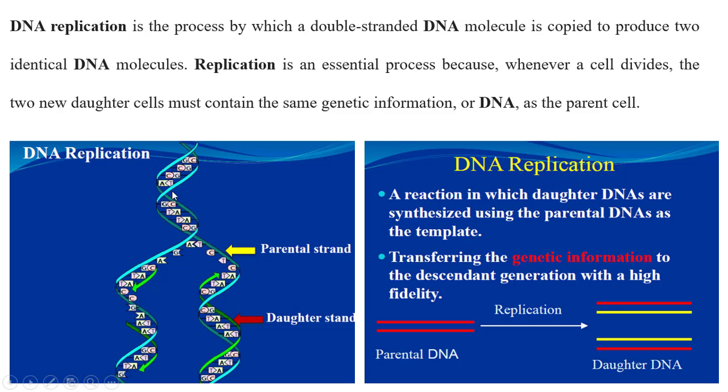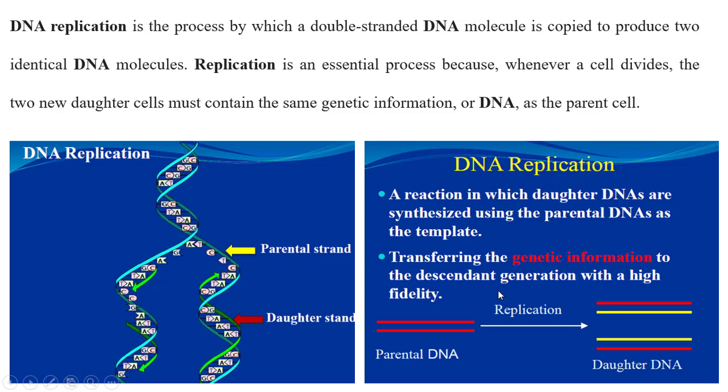DNA is made up of four bases: adenine, guanine, cytosine and thymine. Adenine always pairs with thymine, and guanine always pairs with cytosine.